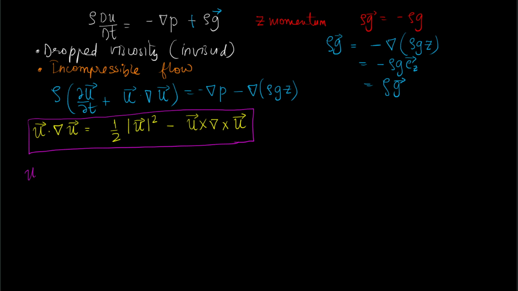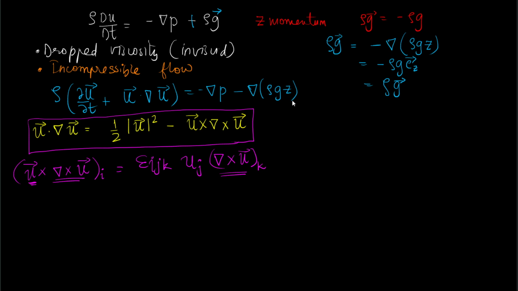Let us start with this u cross nabla cross u. So the ith component of this will be equal to epsilon ijk uj and the kth component of this. Basically, I have taken the first cross product, this as the first term, this as the other term.